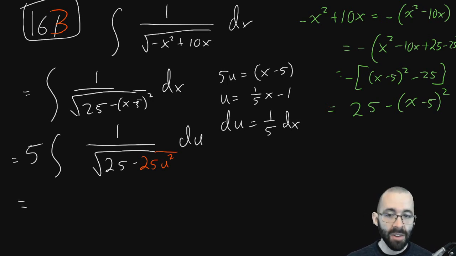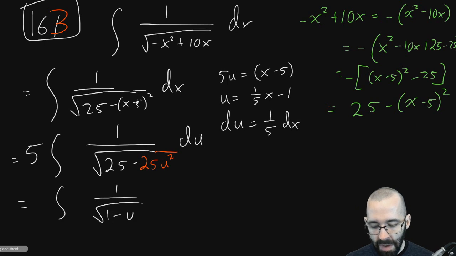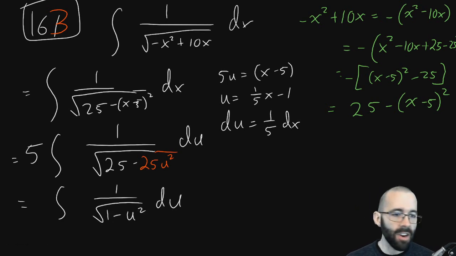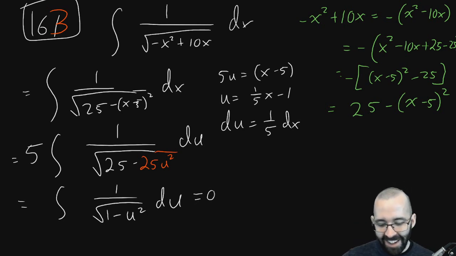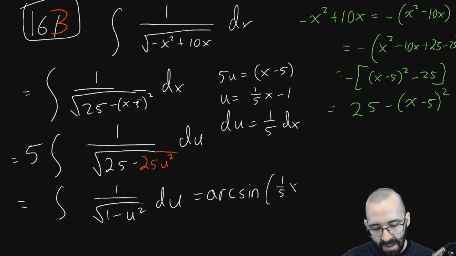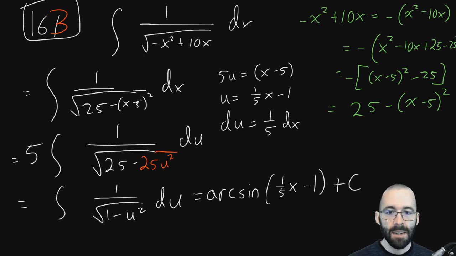We can factor out a square root of 25 on the bottom, which is 5. They'll cancel out. We get 1 over the square root of 1 minus u squared du, which is just arcsine. Don't use inverse trig if you don't have to. This is arcsine of u, which is arcsine of 1/5 x minus 1, plus c.